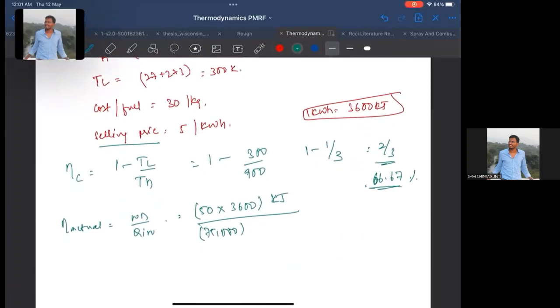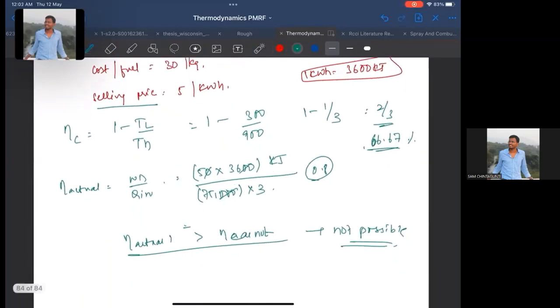So as we have considered this for an hour, it is also per hour we have to consider, and this will give us a value of 0.8. So actual is actually greater than your Carnot. So this is not possible.